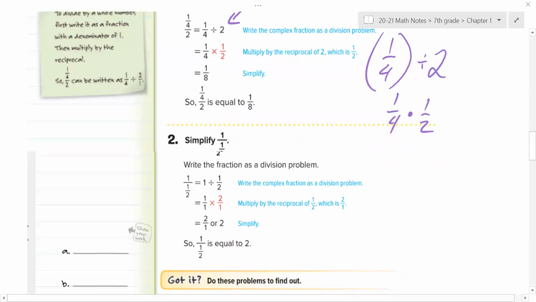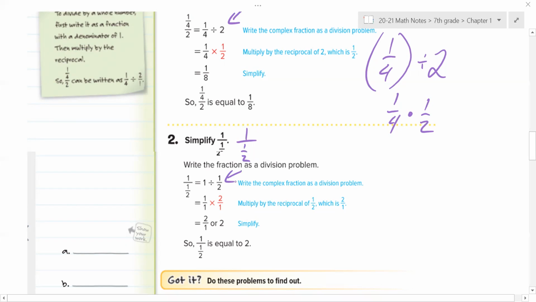And I did a really bad job of copying and pasting this into the other program. So this one here should actually be 1 divided by 1/2. Write the fraction as a division problem. So this concept of examples 1 and 2 is the whole idea of what we're doing for the homework today. So we have 1 divided by 1/2, rewritten like this.